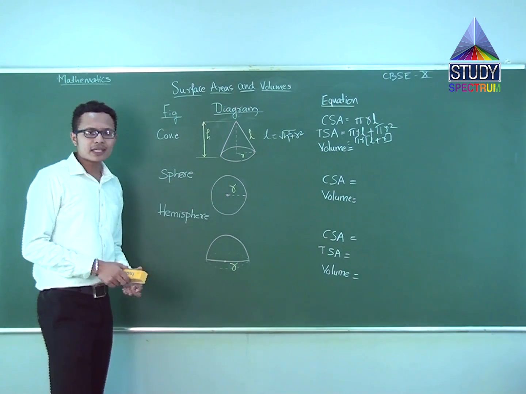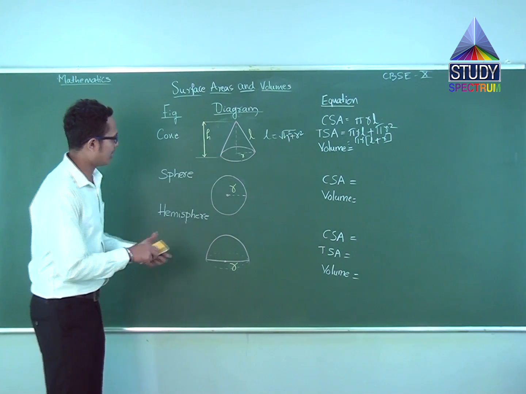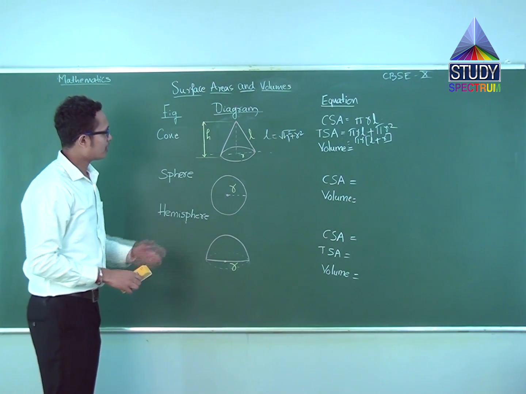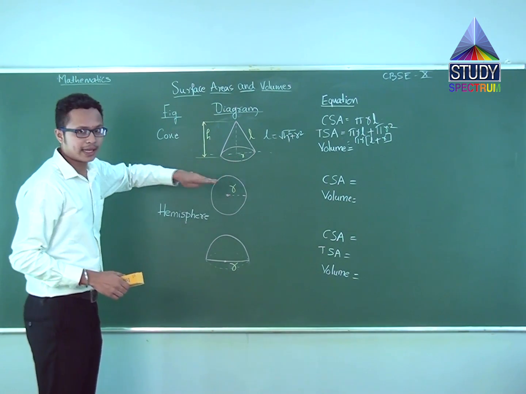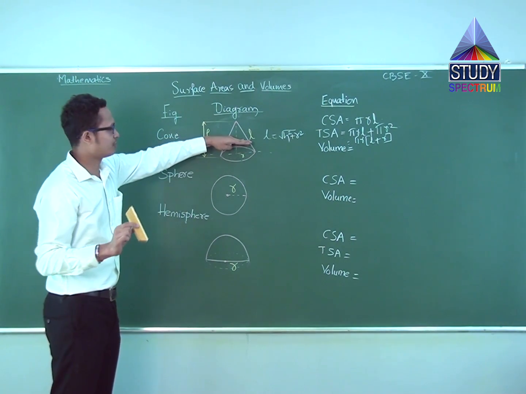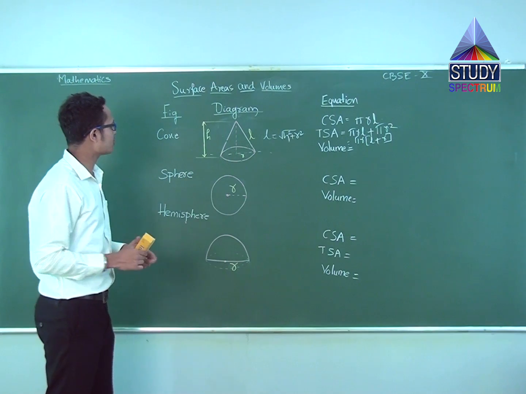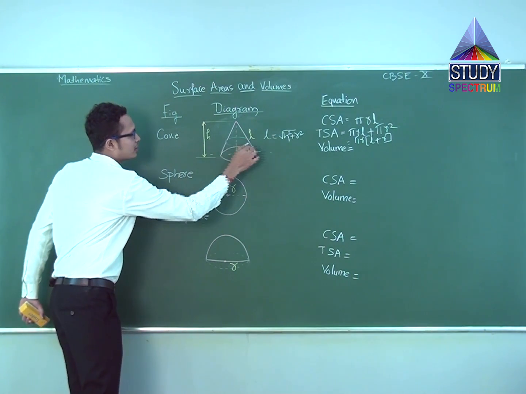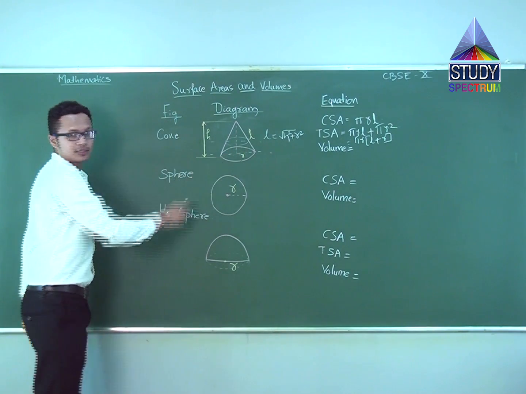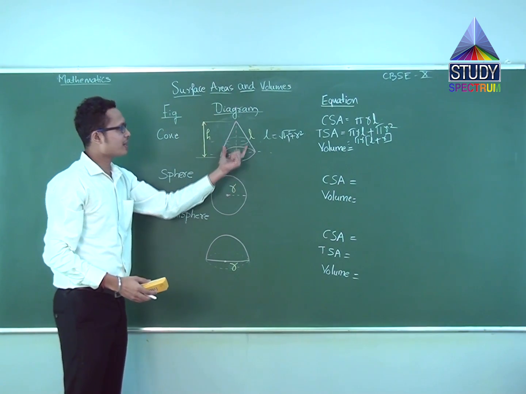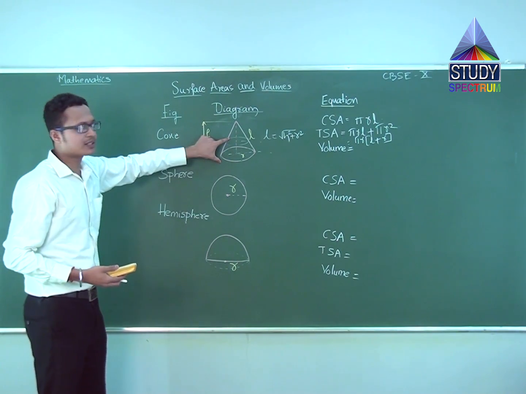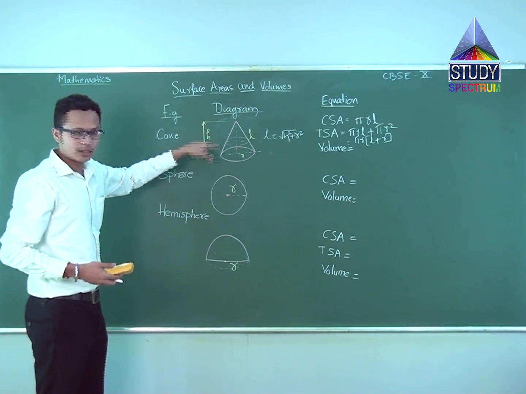But here, when I take the area of cross section along this line, which also means that the area of cross section along any line parallel to this line should give me the same area, we don't get that, because if I take the area of cross section along a line parallel to this, it's not uniform. These two areas of cross section are different, right? So we require higher mathematics to derive the volume of the cone.